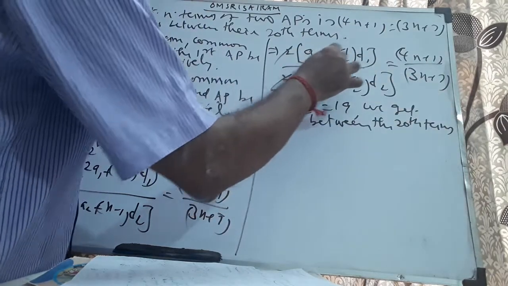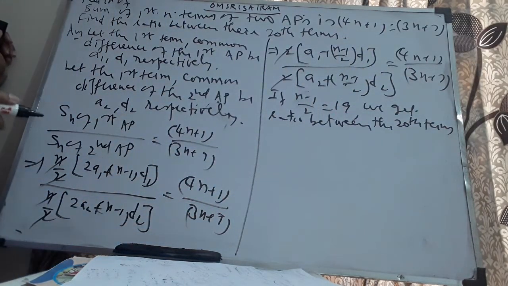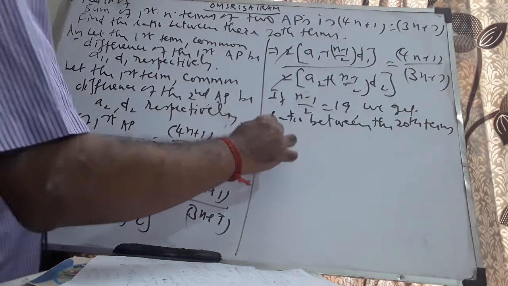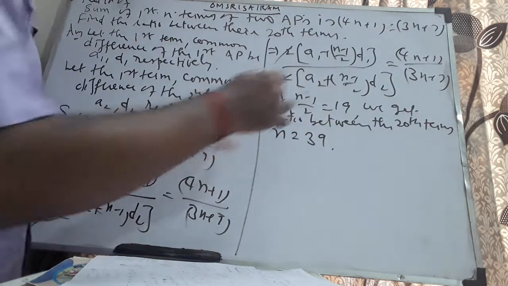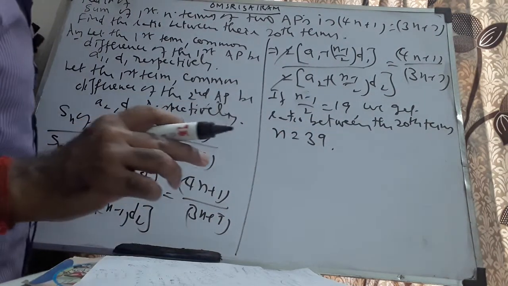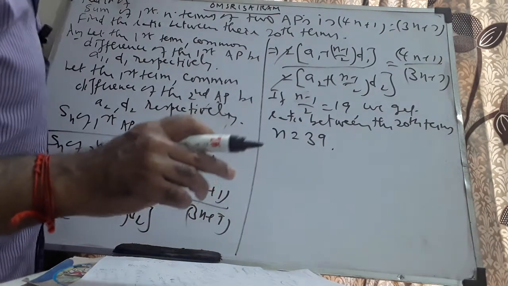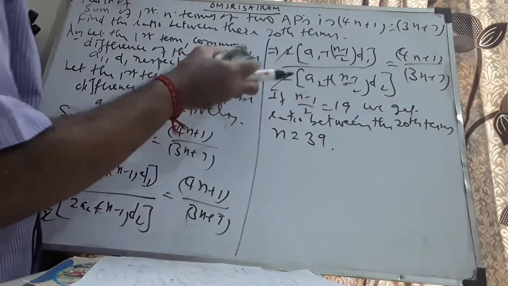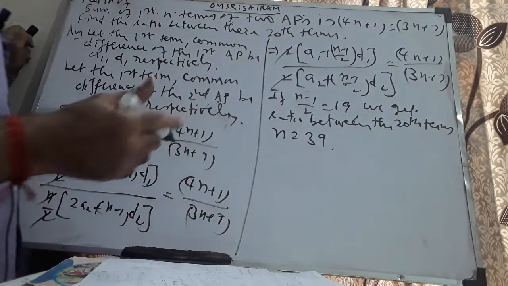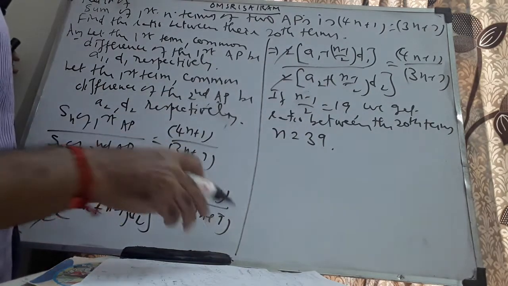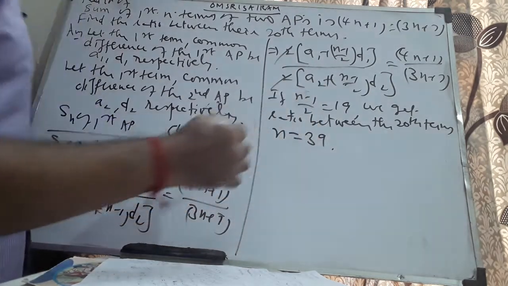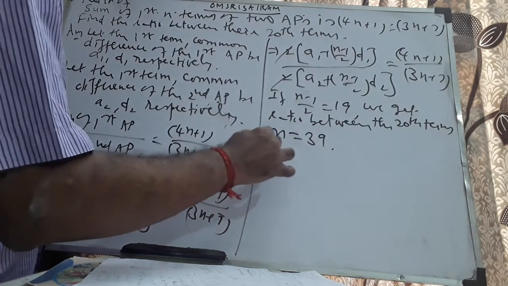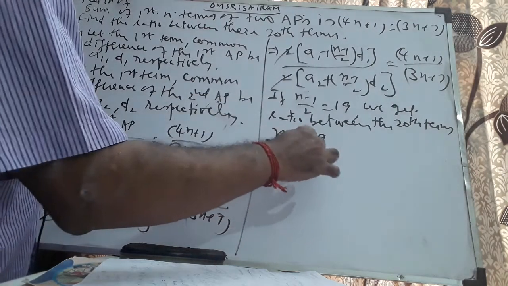Just listen here, a1 plus 19 d1 by a2 plus 19 d2 will be the ratio between the 20th terms. Now n here will be equal to 39 automatically, since 2 into 19 is 38 and plus 1 is 39. So n is equal to 39.